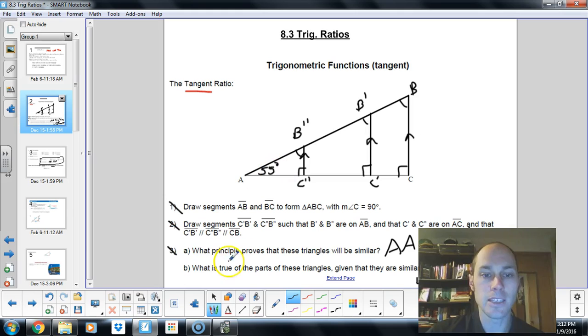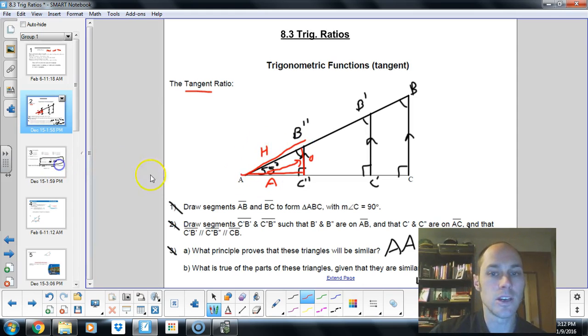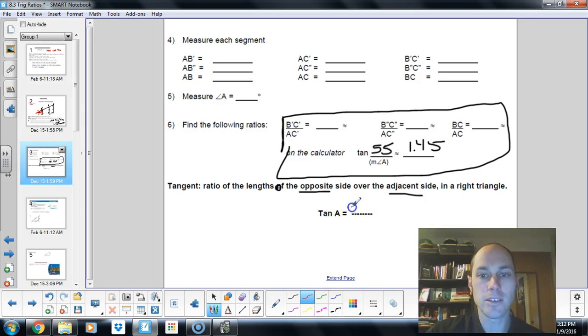BC, as we're looking at it, is the opposite side. From this angle, this is the opposite side, and this would be the adjacent side, and this we would call the hypotenuse. So tangent of A is equal to opposite over hypotenuse.